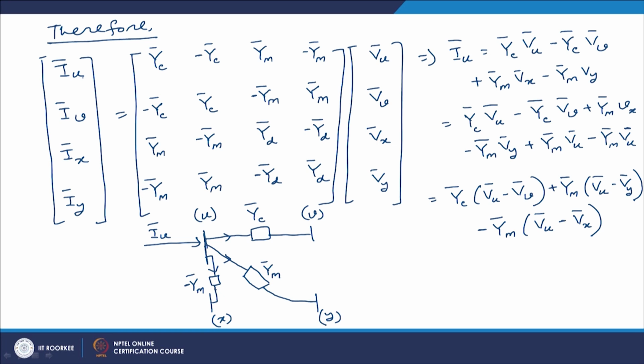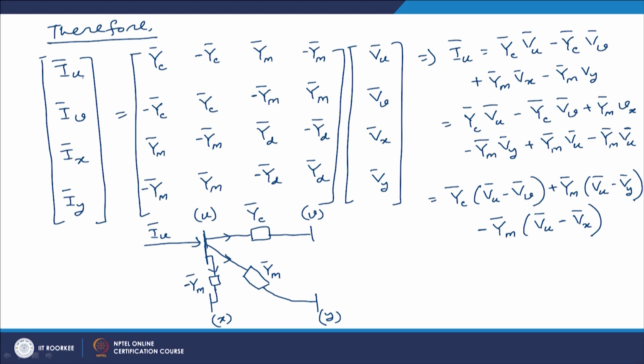Iu, Iv, Ix and Iy are the bus injected currents at buses u, v, x and y respectively. Vu, Vv, Vx and Vy are the bus voltages at these buses respectively.